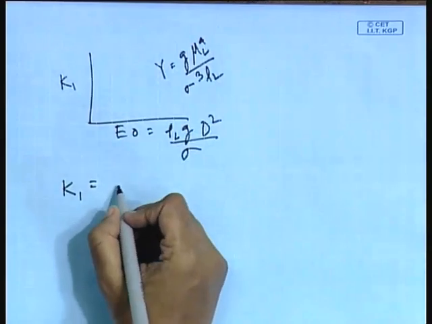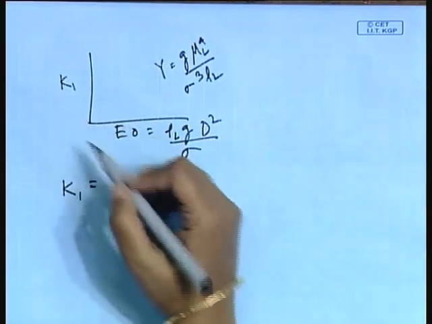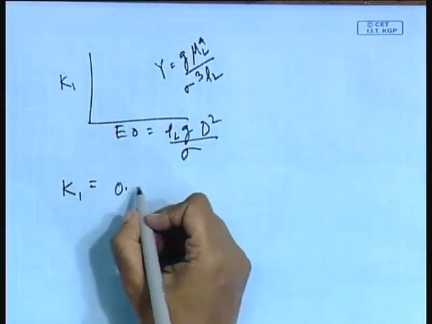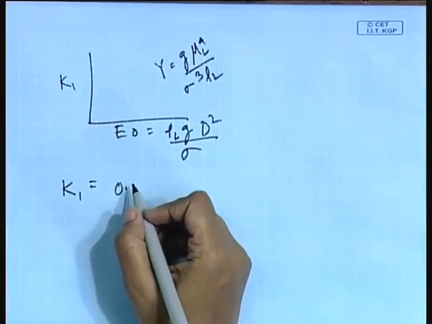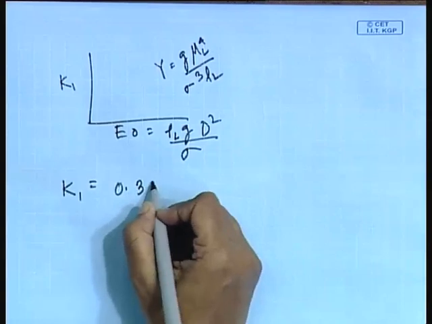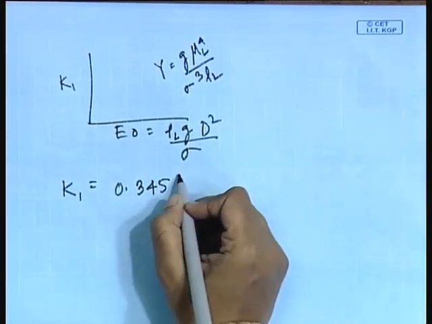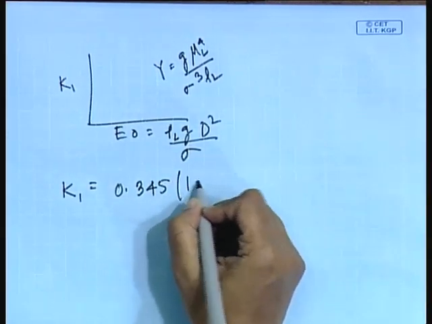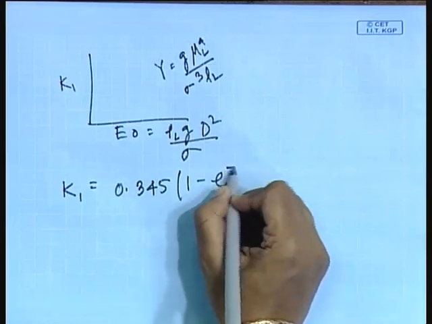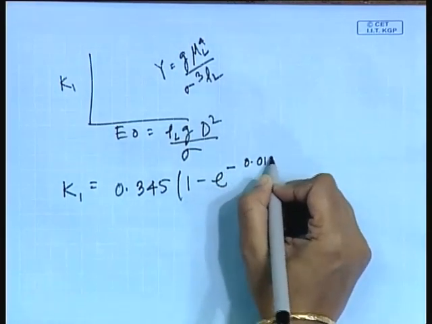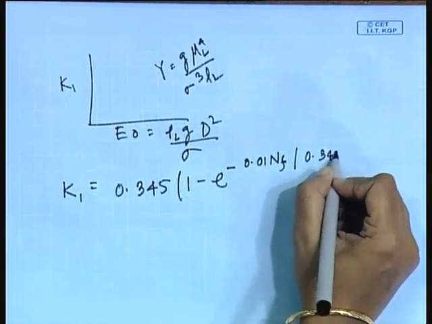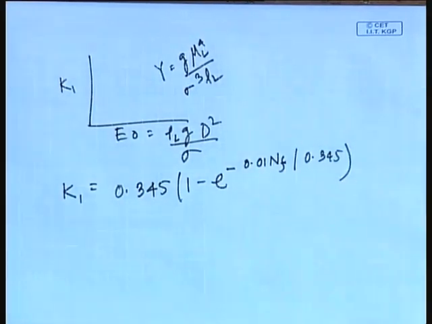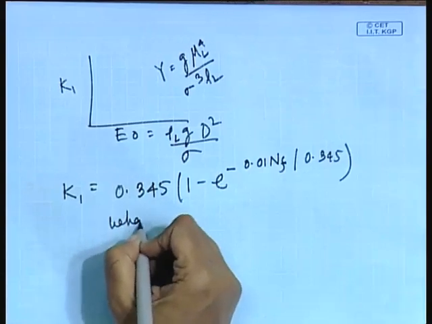So, this K1, the analytical expression which correlates K1, Eotvos number, Y and all those things, or which correlates the liquid viscosity term, the surface tension term, etc. This is something of this sort, K1 equals 0.345, 1 minus e to the power minus 0.01 NF by 0.345. This is used when surface tension effects are negligible.